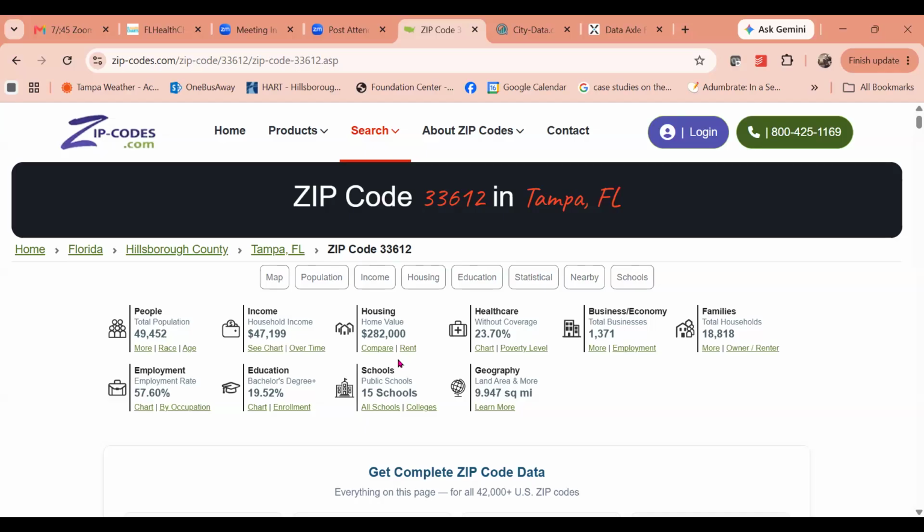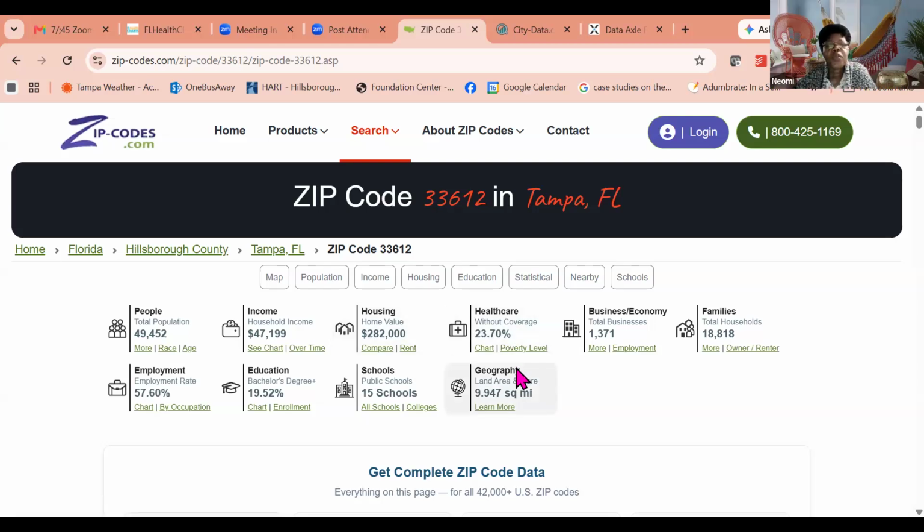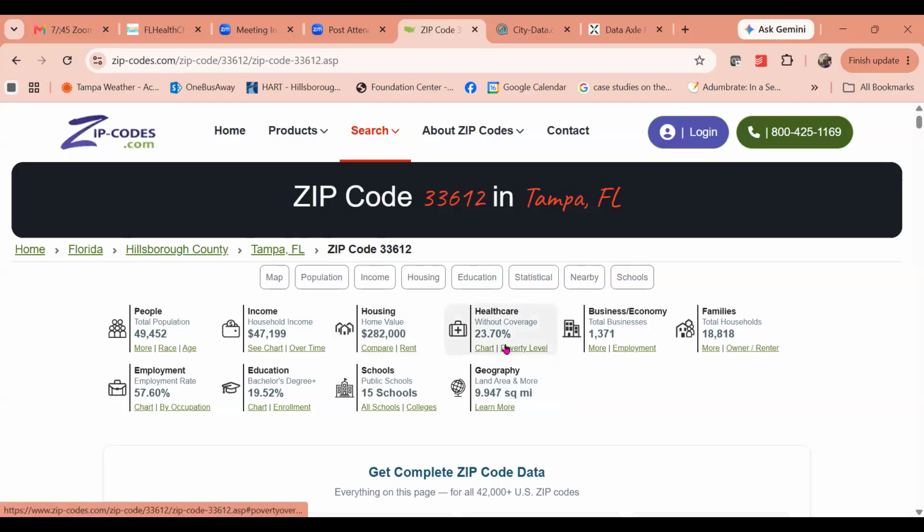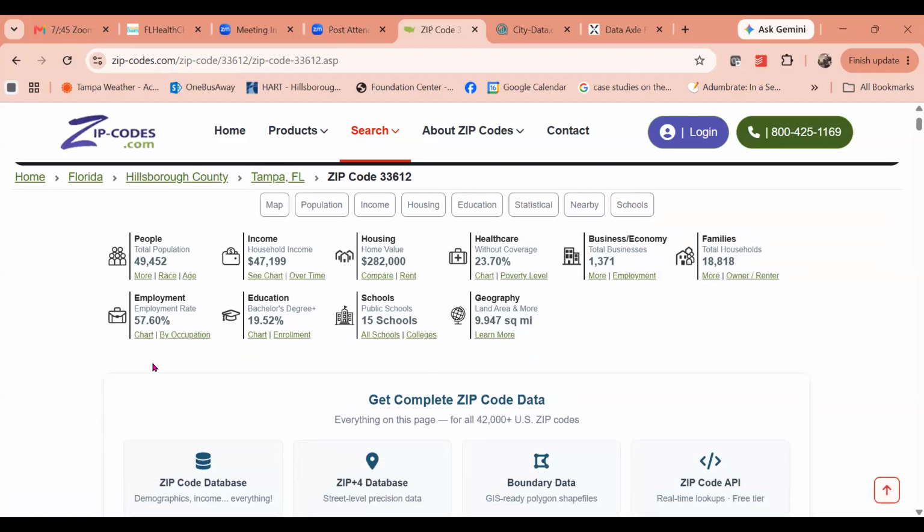In most neighborhoods it starts off at 500,000. You have healthcare facilities, 23.7% businesses, about 1,000 plus businesses in your neighborhood, and 18,000 plus families.